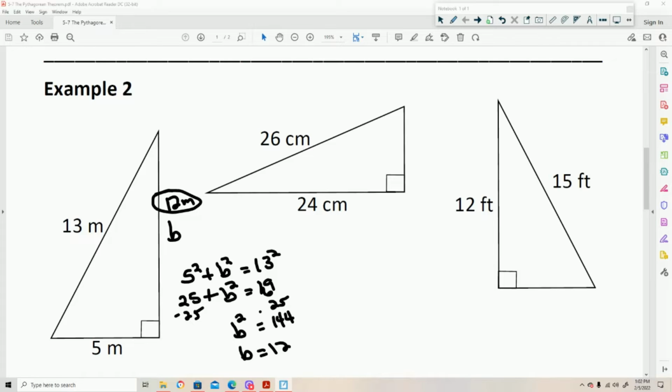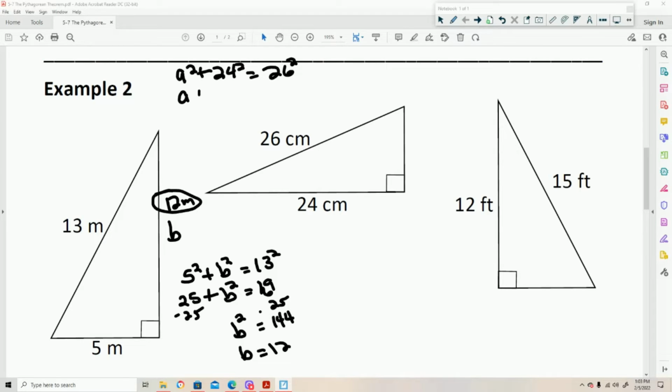Okay, look at the next one. We got 26, that's directly across from the right angle. That's C. 24 we'll call B, so we're looking for A. I'll put that up here. So A squared, no, didn't mean to do that. Okay, A squared plus 24 squared equals 26 squared. Okay, we're going to square everything.